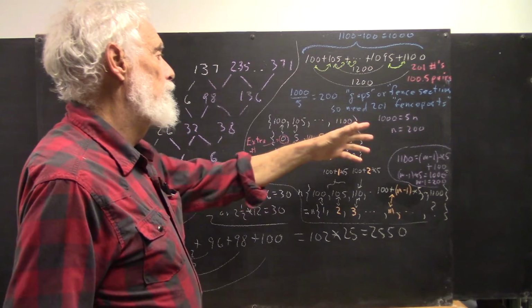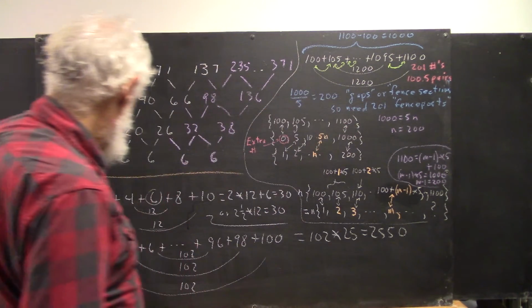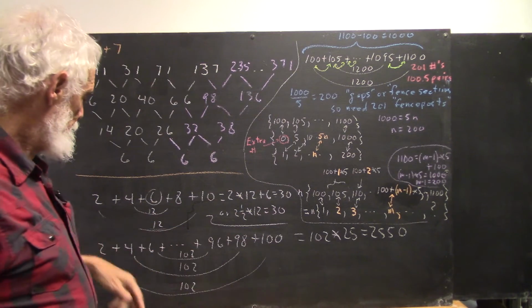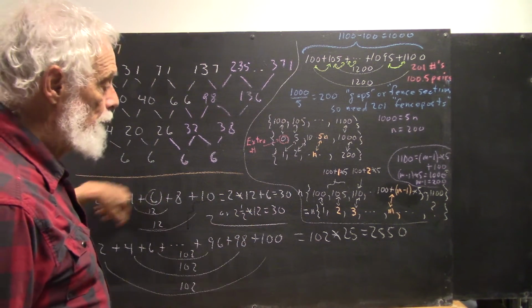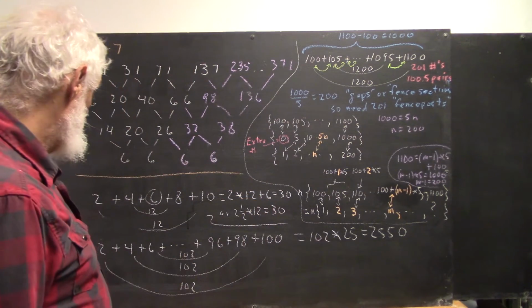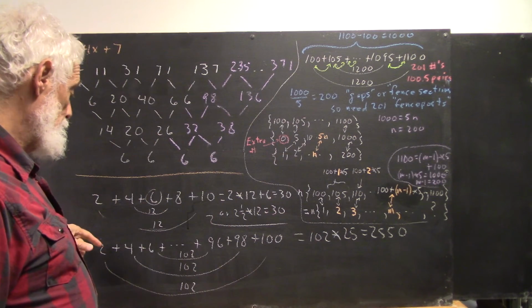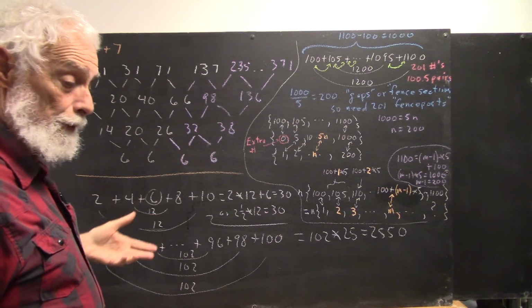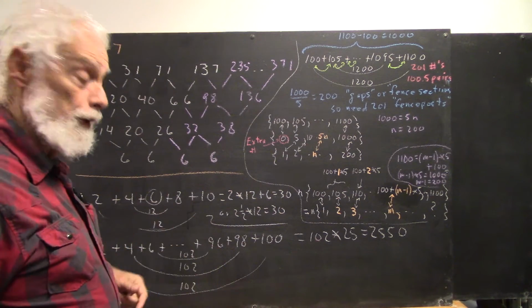Now there are other strategies for looking at this. We could apply that strategy, though, to these numbers. From 2 to 100, we got to move 98. Okay? Let's say that these numbers represent stepping stones separated by 2 feet.